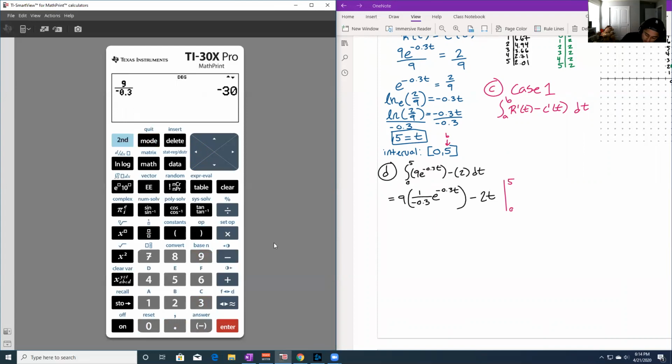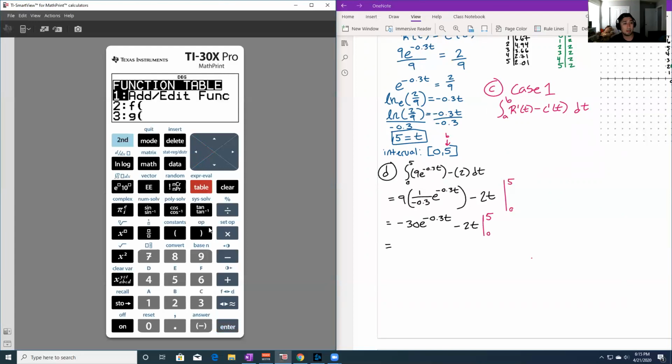So we get negative 30 e to the negative 0.3t minus 2t, still evaluated from 0 to 5. Okay, let's crunch away, because we're there, guys. We are there.